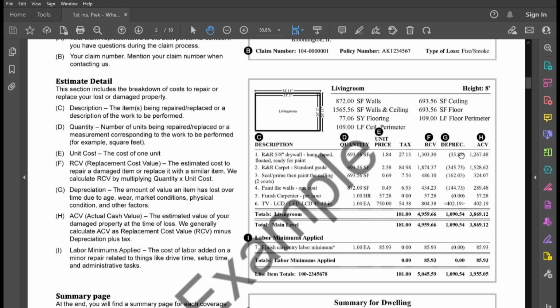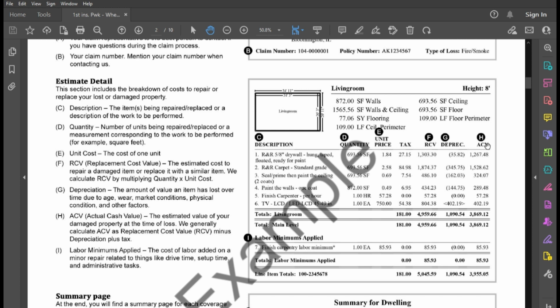That's roughly half of the expected use of that roof. So they're going to keep 50% with them. They're going to give you 50% to get the work started. That's what depreciation is. It's mostly based on time in use and what they estimate the total longevity for that product is. That's kind of where they get that from.